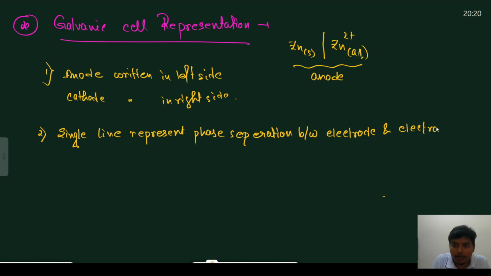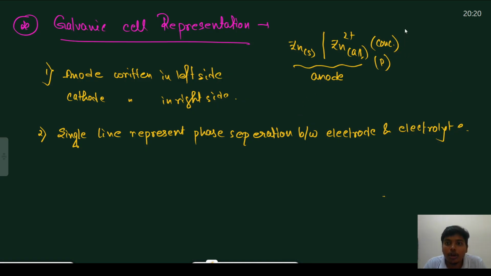Clear? Yes or no? And when you are writing the electrolyte, you also have to write the concentration in brackets. You have to write the concentration or the pressure, how much pressure you are having. Clear?